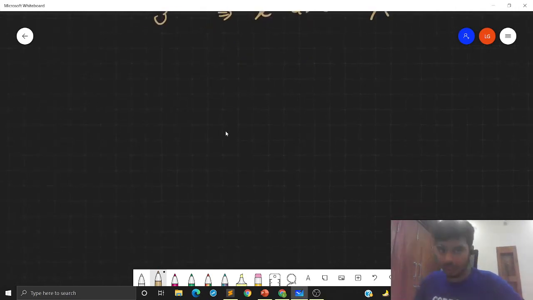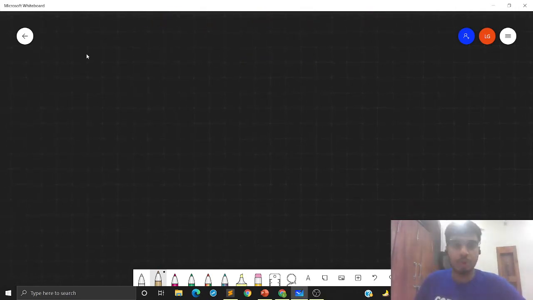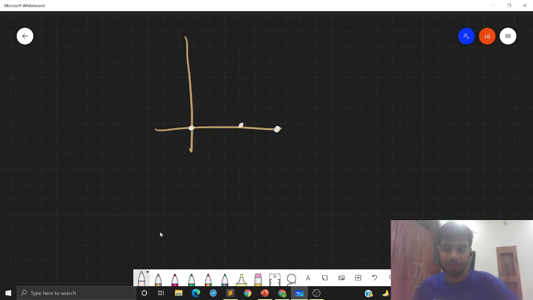So let's summarize the complete algorithm. So we can assume our first point at origin, the second point at the x-axis. We will get our third point. So if this third point lies on the x-axis, then the similar argument will again hold that we will get two possible pairs of the fourth point and we can choose any one of them.